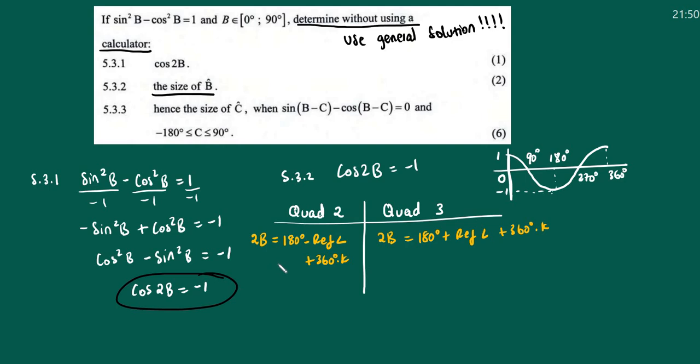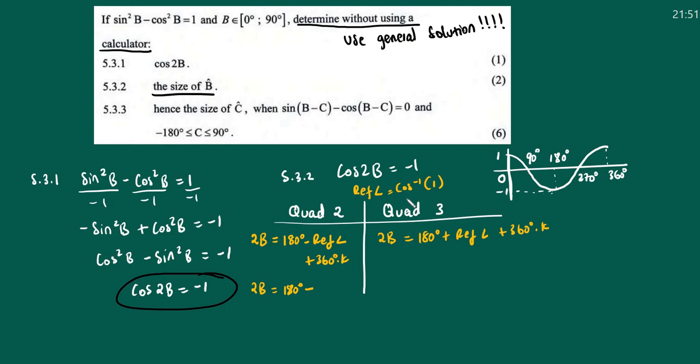Right, and then now 2 beta will be equal to 180 degrees minus, what is the reference angle? Essentially, the reference angle, if you can remember, we usually find it by saying cos inverse of 1.